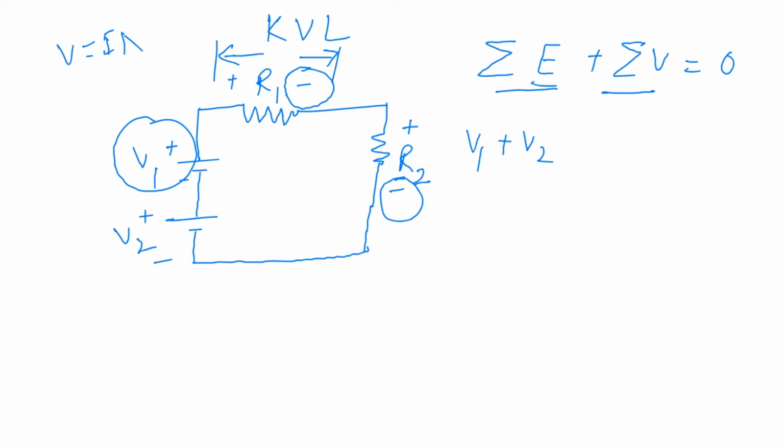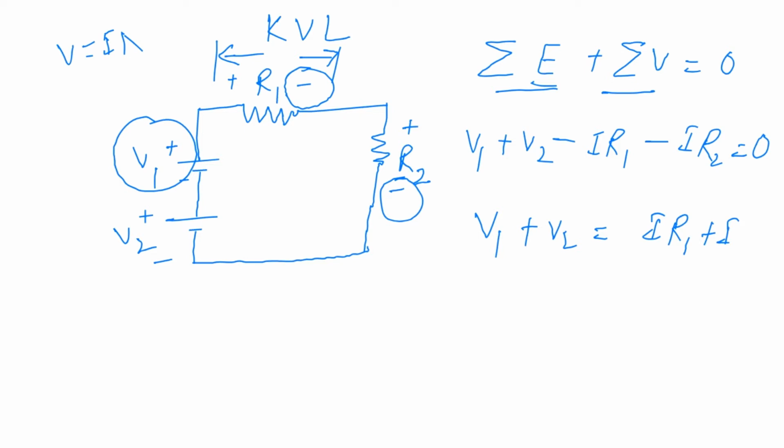So we can write here minus I into R1 minus I into R2 is equal to 0. Okay. And we can rearrange this equation. V1 plus V2 is equal to IR1 plus IR2, and sum of all the voltages and EMFs is equal to 0.